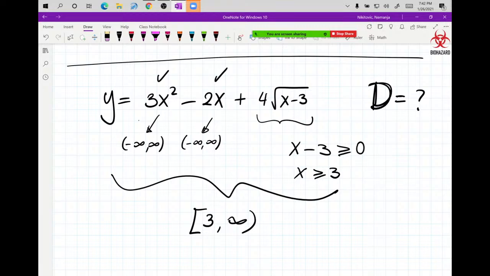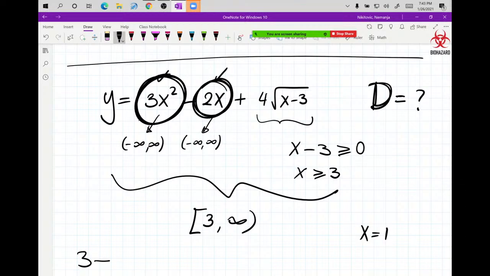So the most restrictive domain is the one that wins, because if you pick x equals 1, what's going to happen? You're going to plug in 1 over here, and you're going to get 3. Yay! You're going to plug here 1. You're going to get negative 2. Yay! And then plus 4 times, you plug in 1 there, you get square root of negative 2.